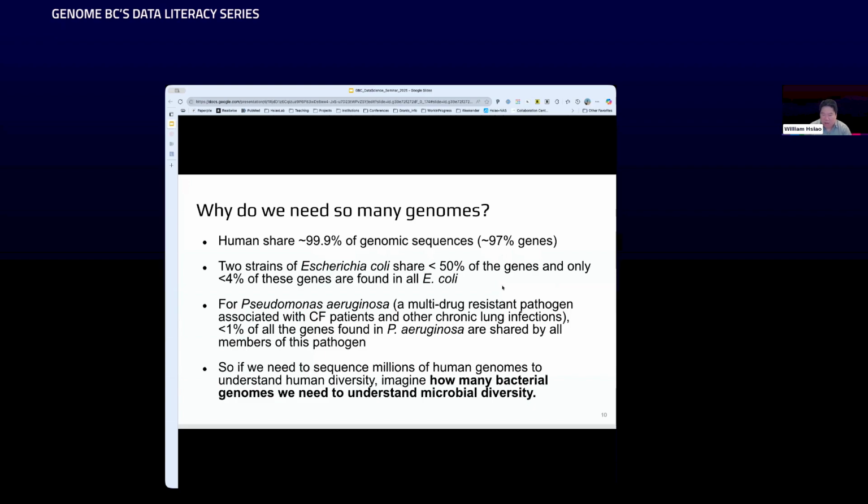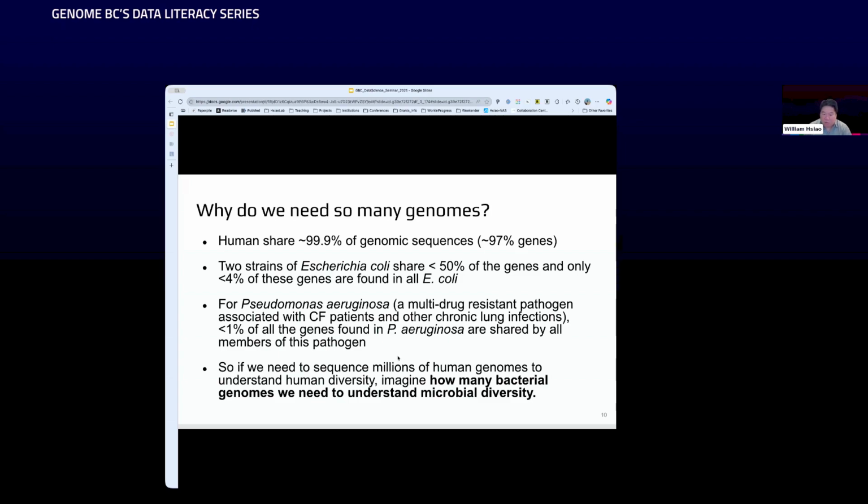So, in other words, they have a big pangenome, and any given E. coli only has a fraction of those genes. If you look at Pseudomonas aeruginosa, a major opportunistic pathogen that's associated with CF patients and other chronic lung infections, less than 1% of all the genes found in Pseudomonas aeruginosa are actually shared by all members of this particular pathogen.